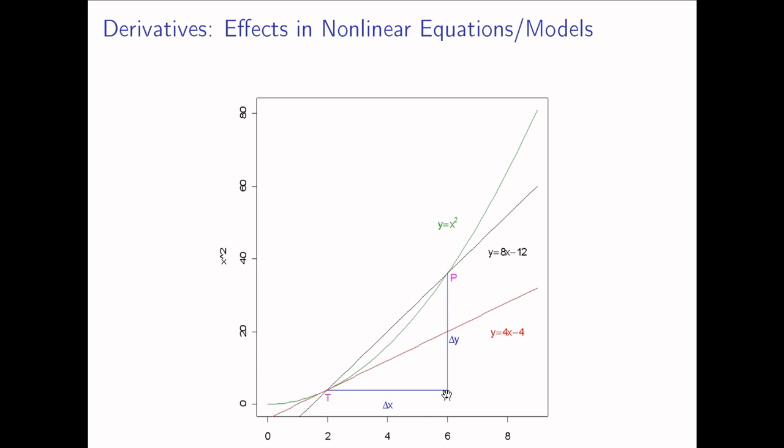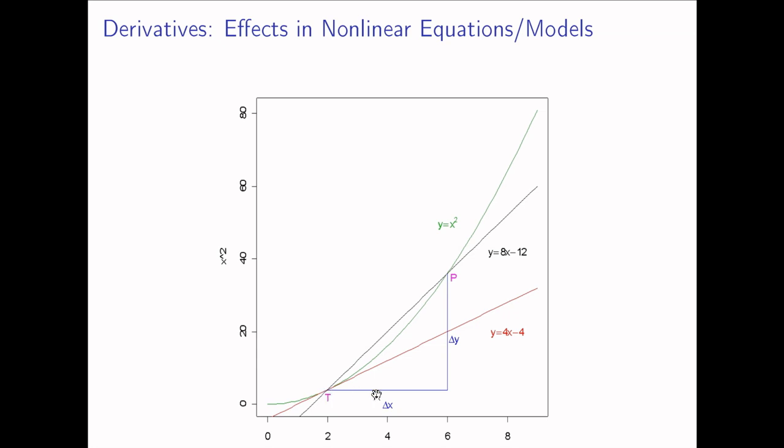But delta x is 4 here, right? And the concept says, if we decrease delta x and let delta x approach 0, it's going to be a very, very small number. I want to figure out the effect of x on y just at, or very close to, the point x equal to 2, y equal to 4.